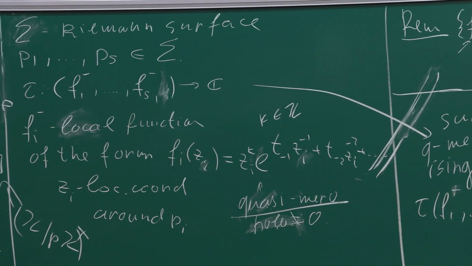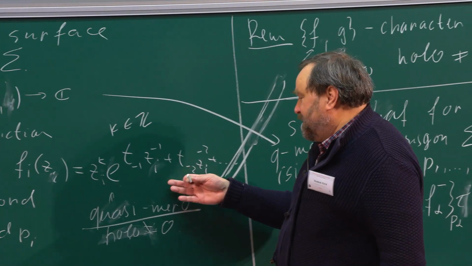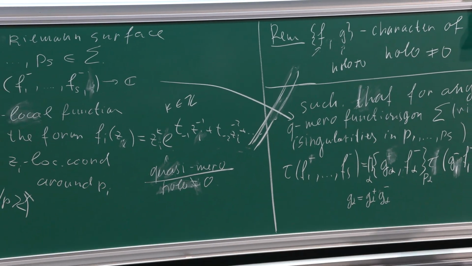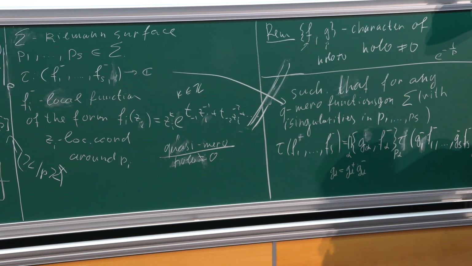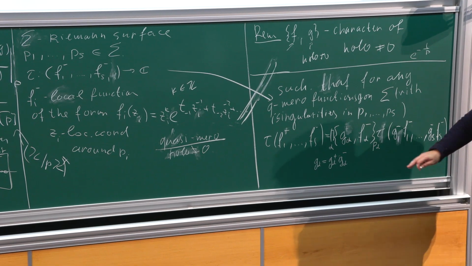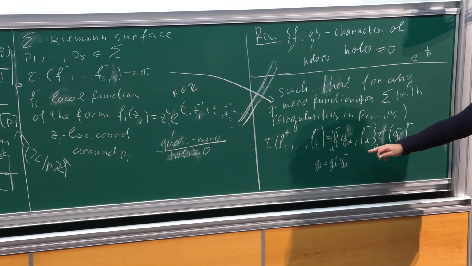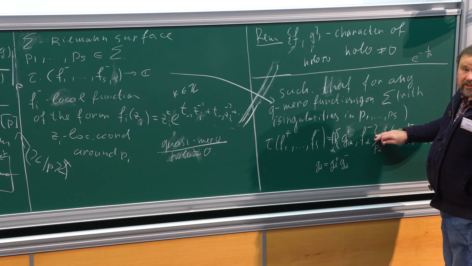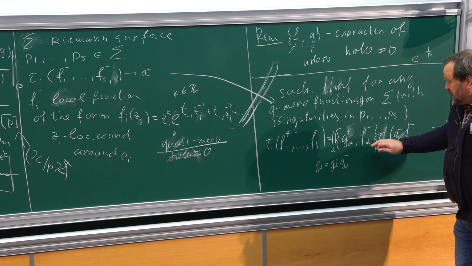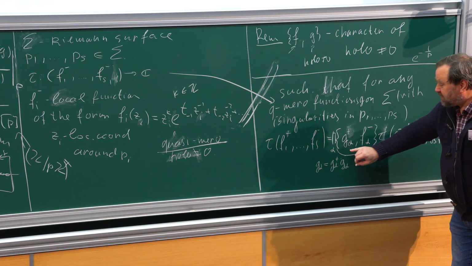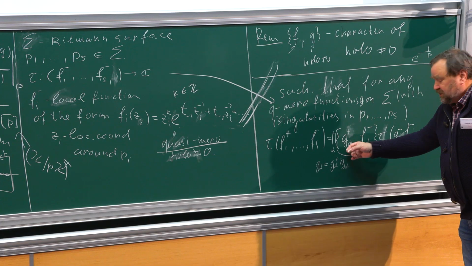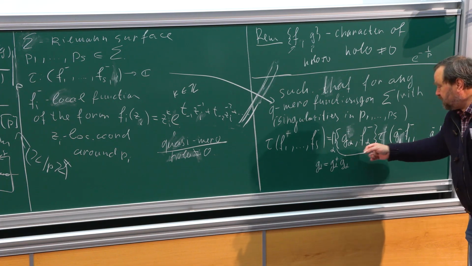Now here, once again, I'm not a specialist in number theory, but as far as I learned during the last couple of months reading books about automorphic forms, all these are just characters. This symbol is a character of the group of quasi-meromorphic functions of my surface, in particular meromorphic, if you wish.